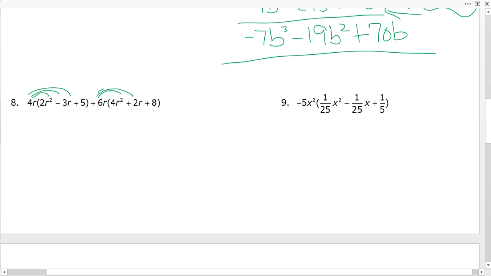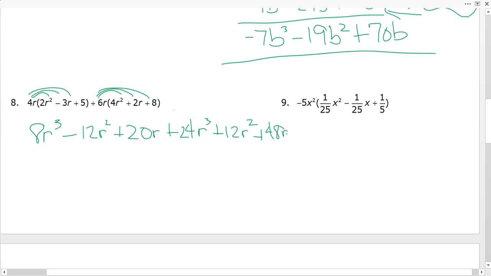Distributing, and then I'm going to stack them and put them together, combine. So 4 times 2 is 8r to the 3rd, minus 4 times 3 is 12r squared, 4 times 5 is 20r, plus 6 times 4 is 24r to the 3rd, plus 12r squared. 6 times 8 is 48r.